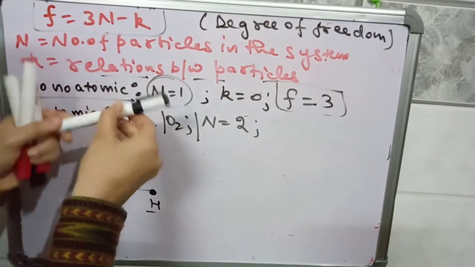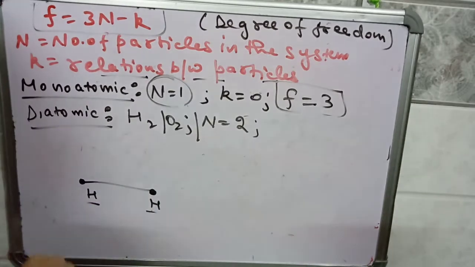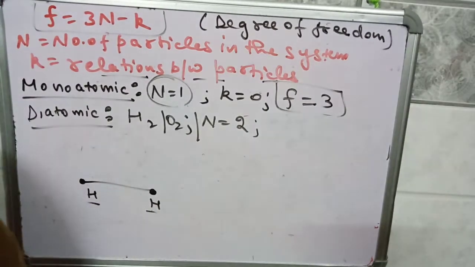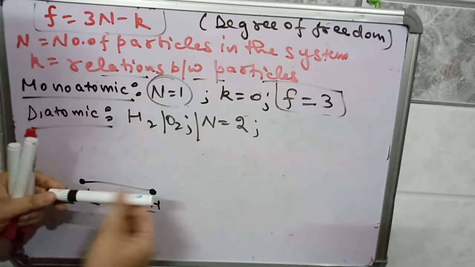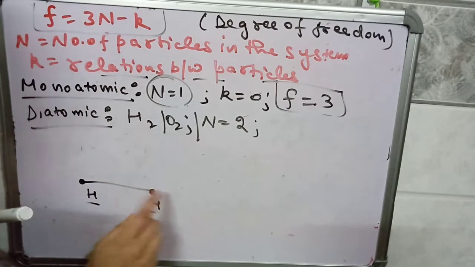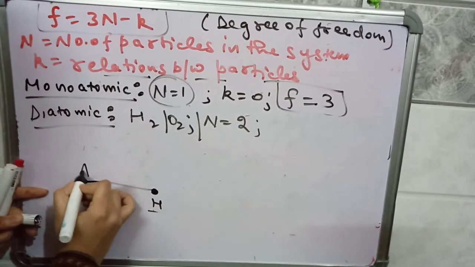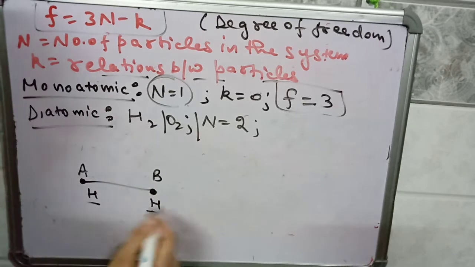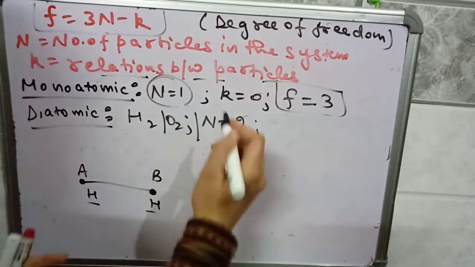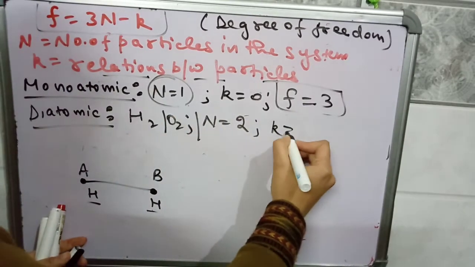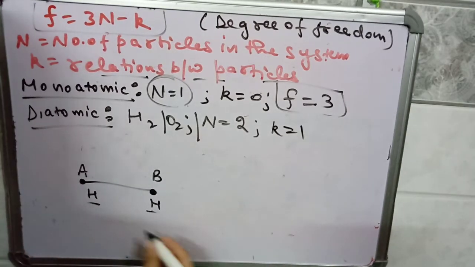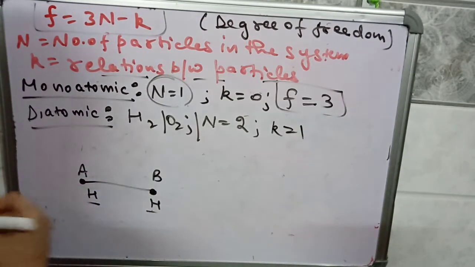But it cannot rotate along its axis. It cannot rotate along the axis AB. So the restriction imposed on this is one restriction, that it cannot rotate along the axis AB.